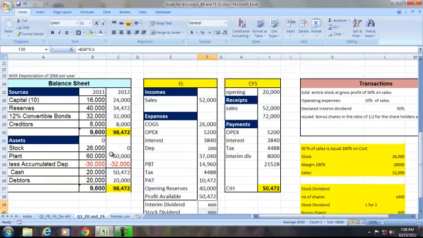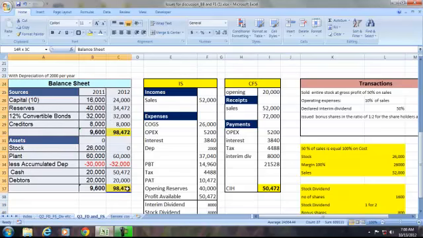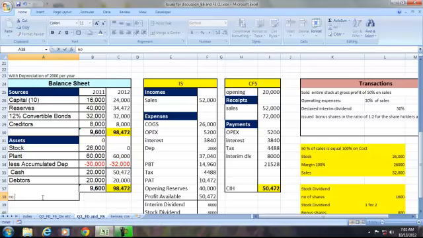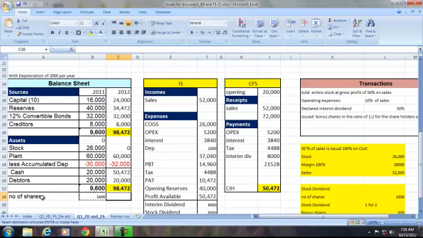Now we can also calculate the book value per share. So the number of shares before and after: 16,000 divided by 10 is 1,600. At the end of the year, the number goes up.